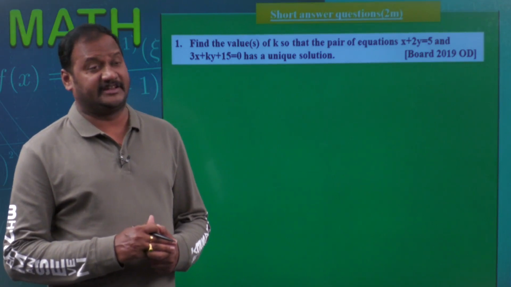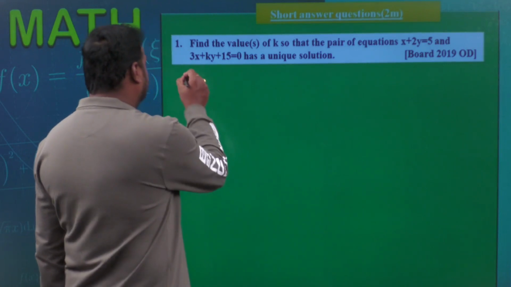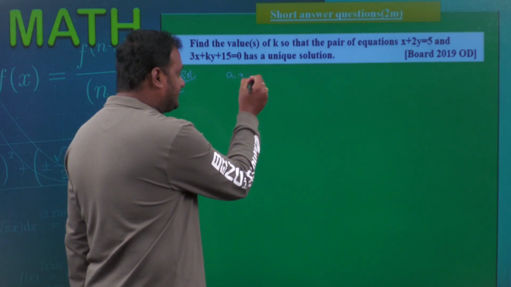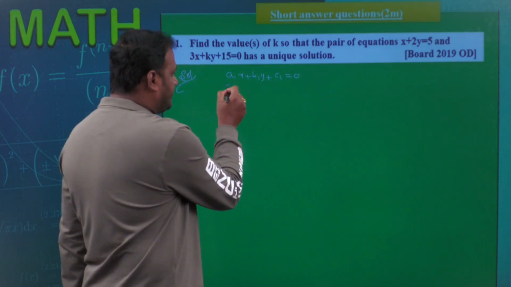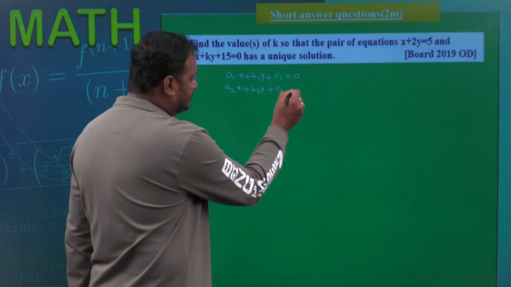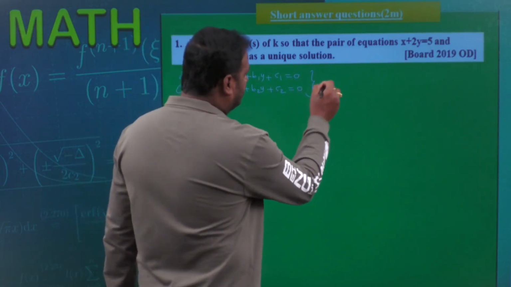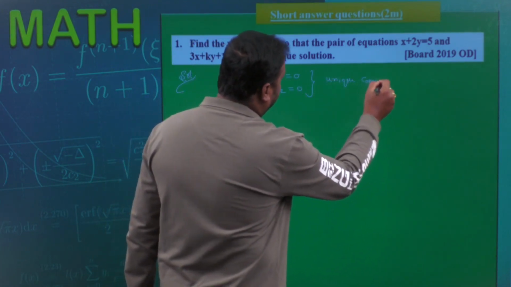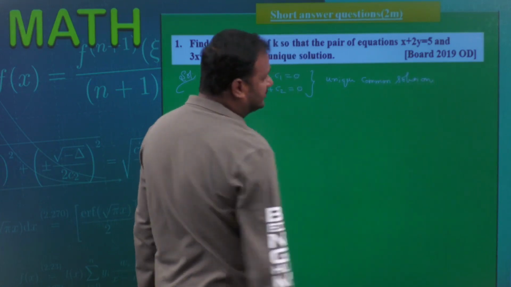So when a pair of linear equations have a unique common solution, I am going to write the formula for this. That is, a1x plus b1y plus c1 is equal to 0, a2x plus b2y plus c2 is equal to 0 are a pair of linear equations that have a unique common solution only when, what is the condition for unique common solution?